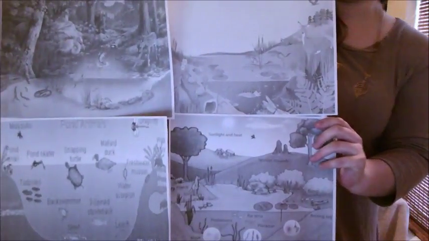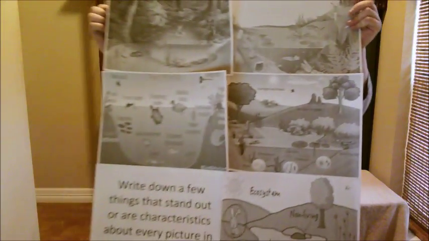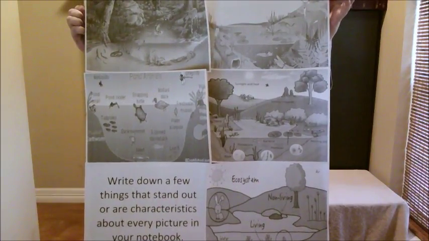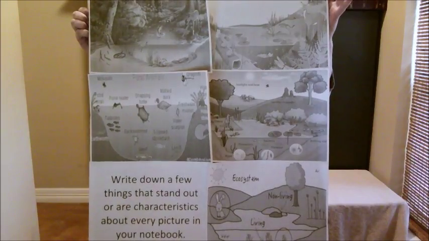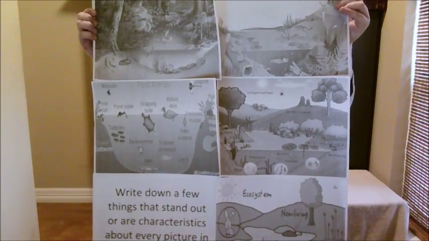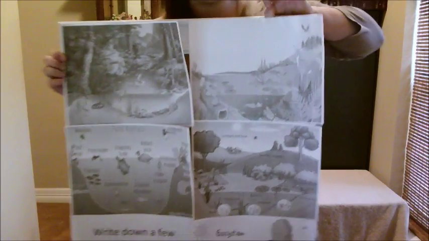But I would like you to jot down in your notebook underneath your focus questions different things you notice, characteristics about all the different ecosystems that you see. Alright, let me grab them. And you can pause it now and look at all the different ones and jot down your characteristics, and then come back in a second.